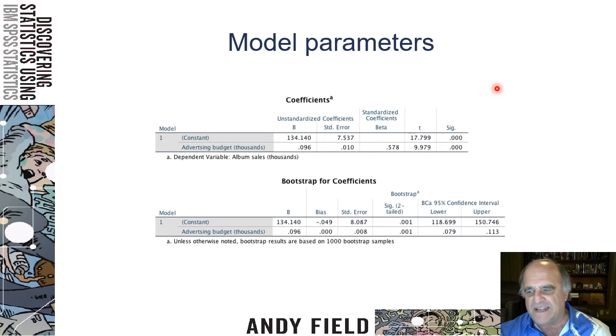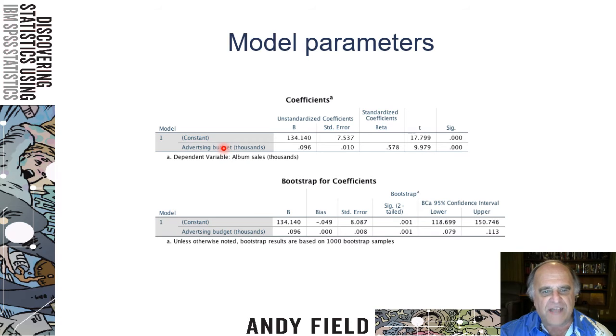In this case, it's a single predictor, advertising budget, predicting album sales. So we're going to get a constant, which in a sense doesn't really matter whether it's significant or not. In this case, the constant is significant. And what tells us whether it's significant is the t-test that we already discussed.